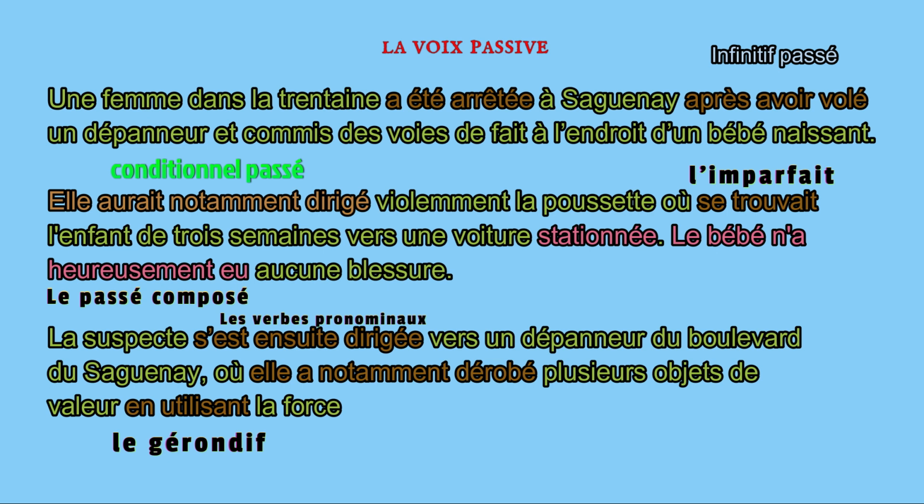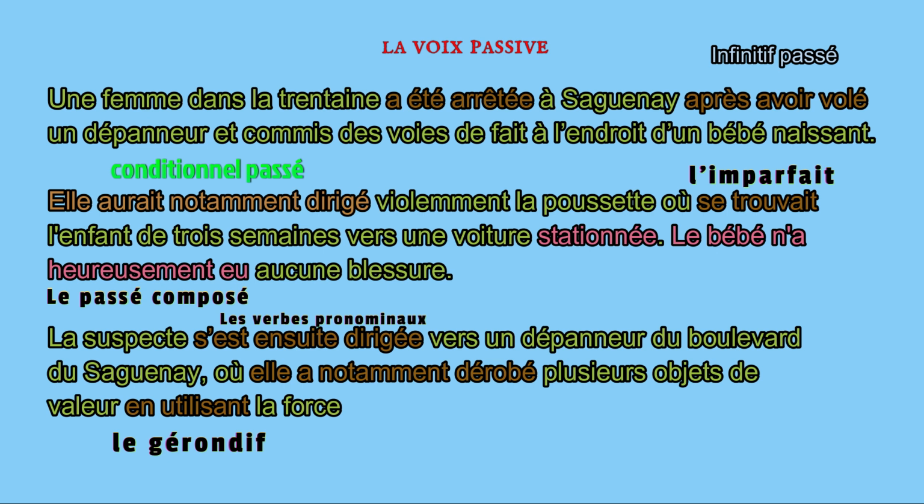Okay. And next one is elle a notamment dérobé. This is again passé composé, and it is not linked to any movement or reflexive verbs. In that case we have to use auxiliary avoir. Because it is elle, third person singular, it is a, and the past participle is dérobé.